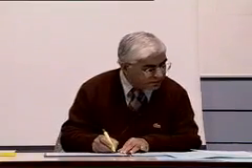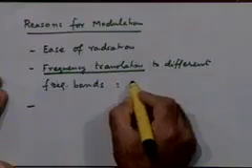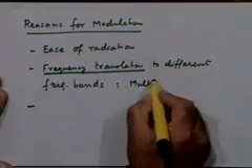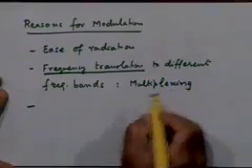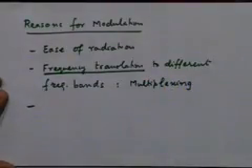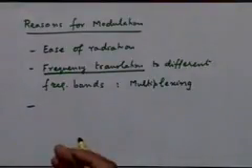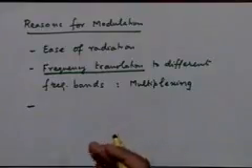Let's talk about other uses or reasons for modulation. So this particular application of modulation is called multiplexing. Basically, you are making it possible to transmit multiple signals on the same physical medium by making sure that they are translated to different frequency bands.